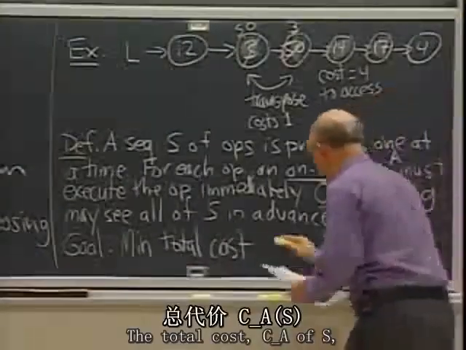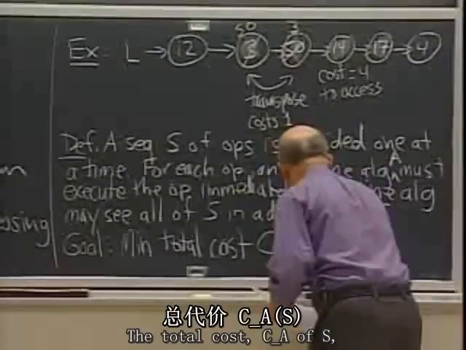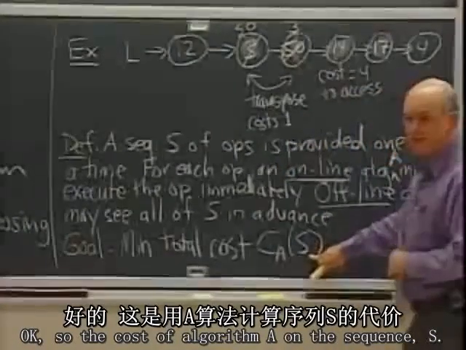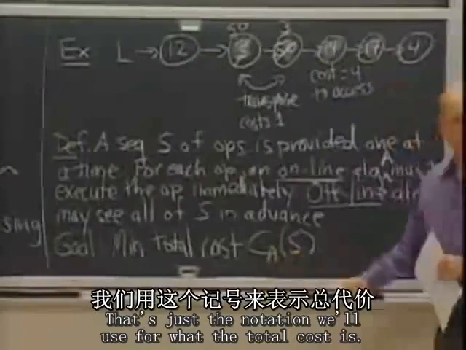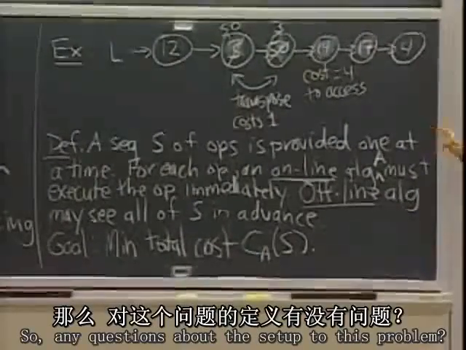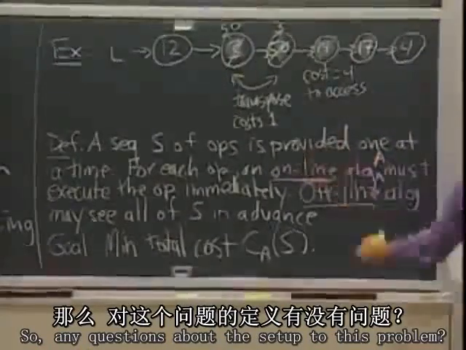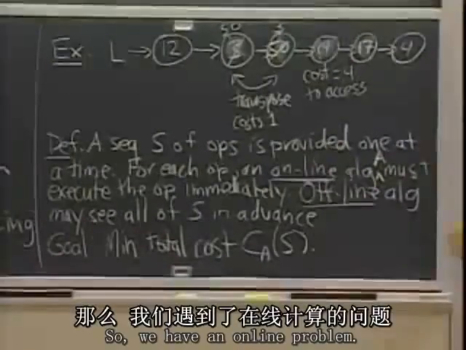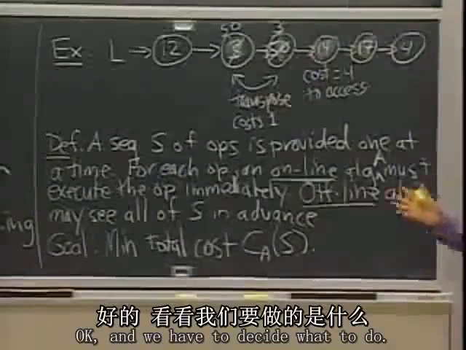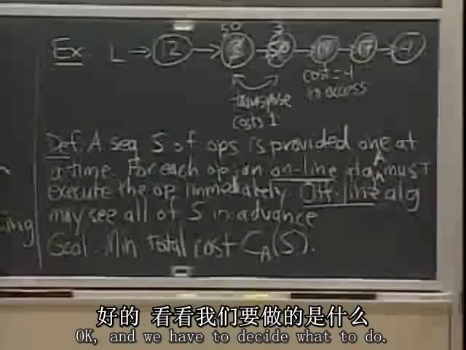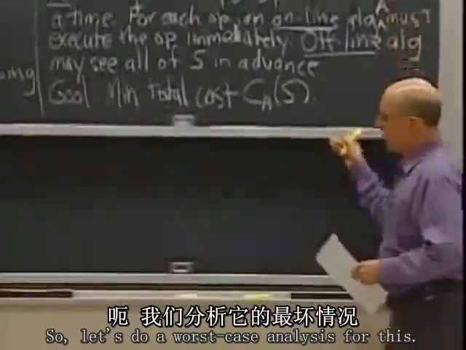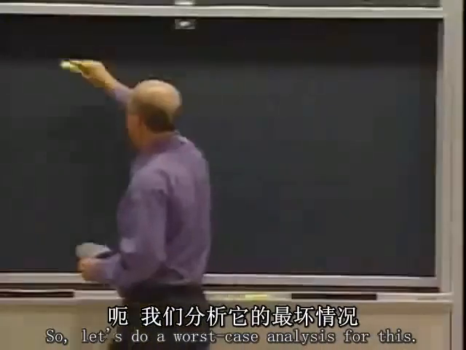The total cost C sub A of S. So the cost of algorithm A on the sequence S. That's just the notation we'll use for what the total cost is. So any questions about the setup for this problem? So we have an online problem. We're going to get these things one at a time. Okay, and we have to decide what to do. So let's do a worst case analysis for this.